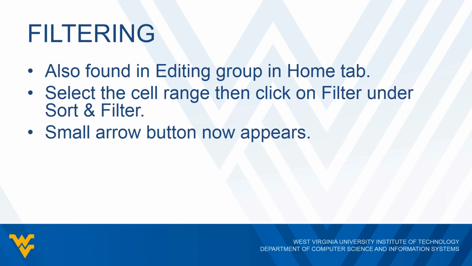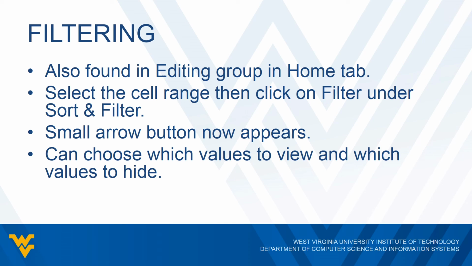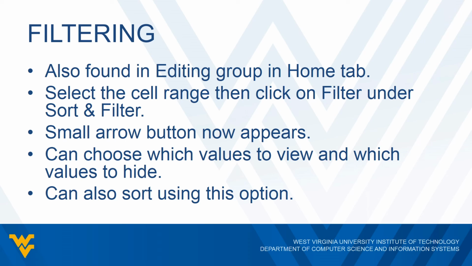A small arrow would appear, and now we can choose which values we want to view and which ones we want to hide. This works just like the filtering options in our table, except now we're not dealing with just a table, a portion of the spreadsheet. We're now able to filter the entire spreadsheet itself. So we can choose which rows we want to appear, and with this, we can even sort using this particular option.